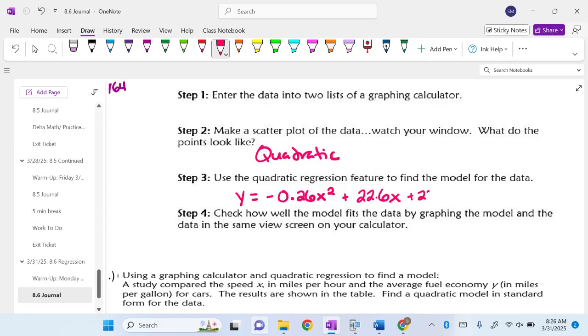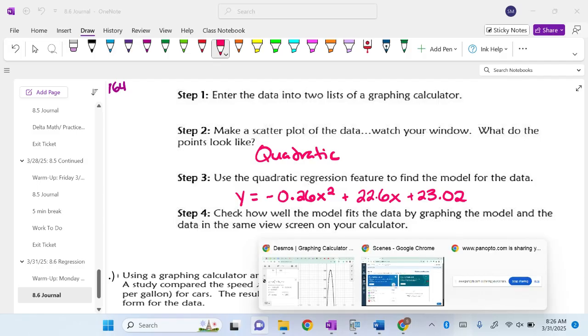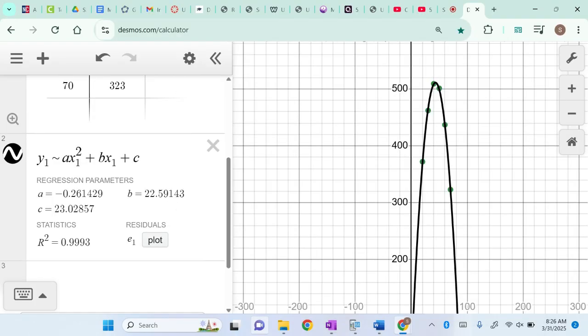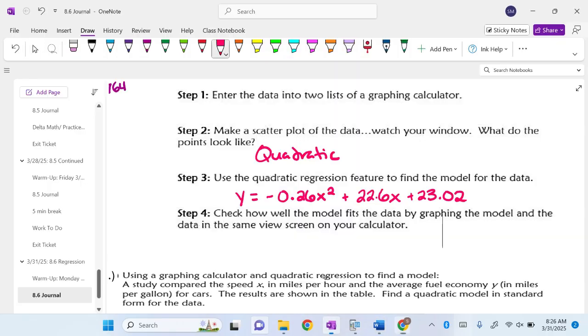So plus 23.02. Yep. So that's all you have to do when you write that equation. You take the values for y equals ax squared plus bx plus c, and you take whatever they give you for a, plug it in, take whatever they give you for b, plug it in, take whatever they give you for c, and plug it in.